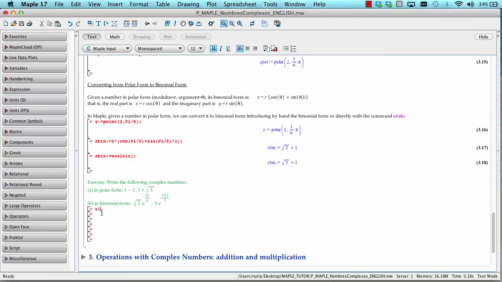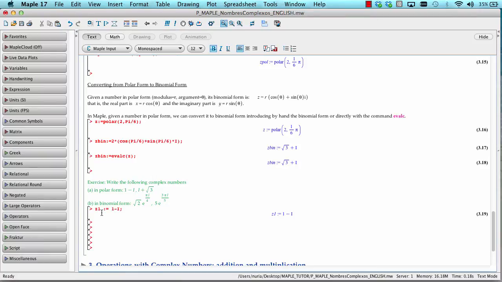So let's define Z1 as equal to 1 minus I, and let's convert it to polar. You can compute separately the magnitude and the argument and use the command polar, or directly Z1 pol. We can use the command convert. So we are going to convert Z1 to polar.